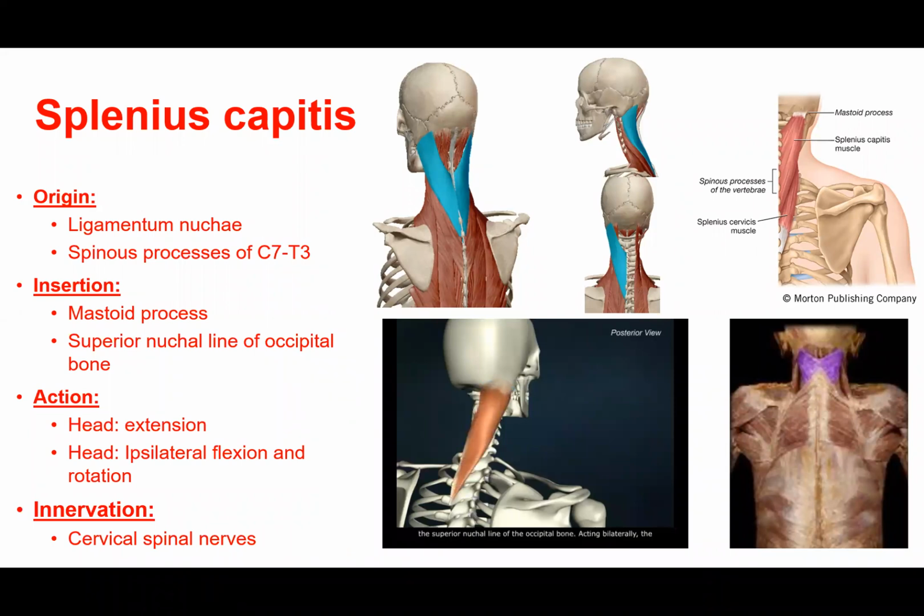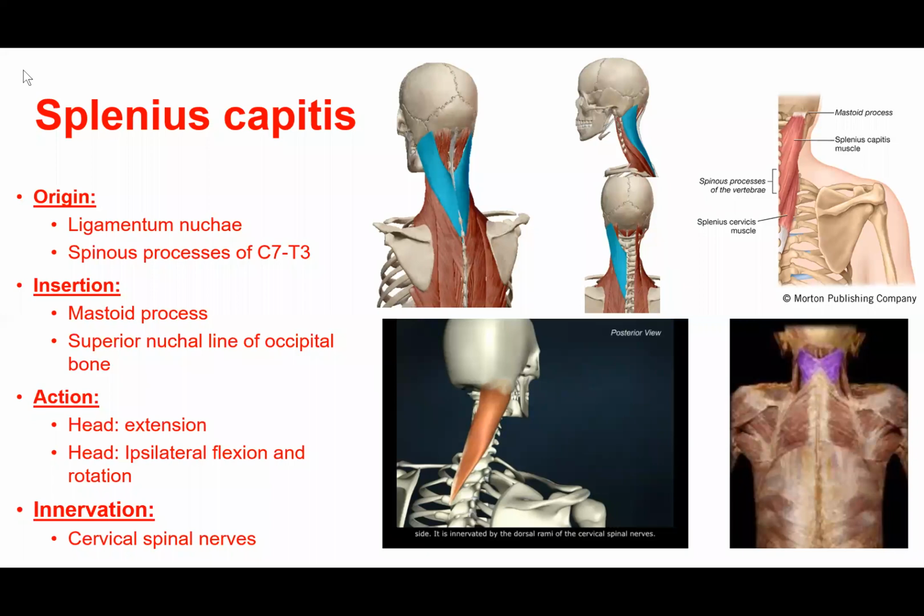Acting bilaterally, the splenius capitis extends the head and neck. Acting unilaterally, it extends and laterally flexes and rotates the head and neck to the same side. It is innervated by the dorsal rami of the cervical spinal nerve.